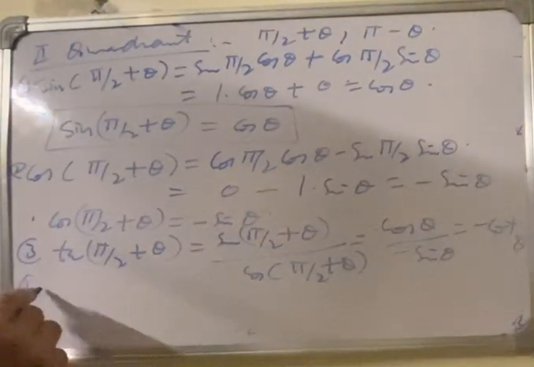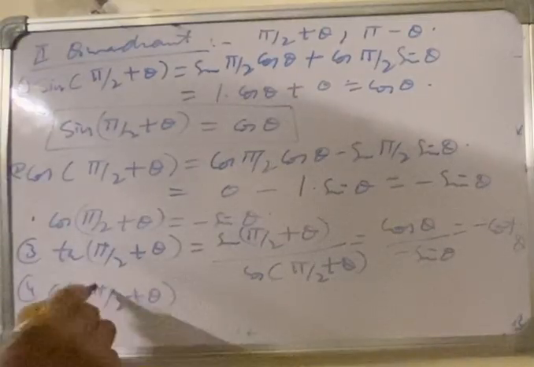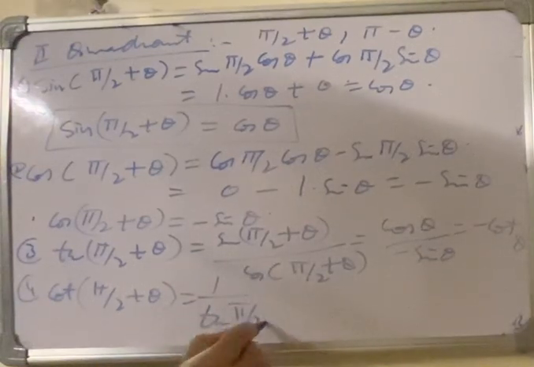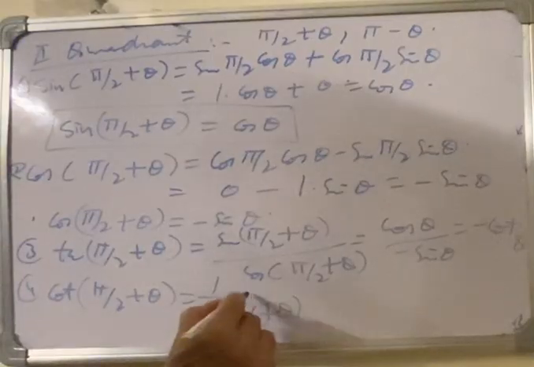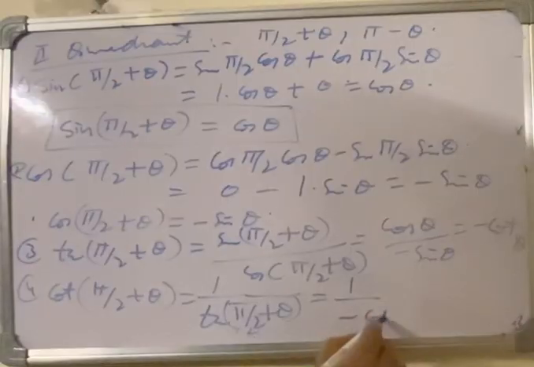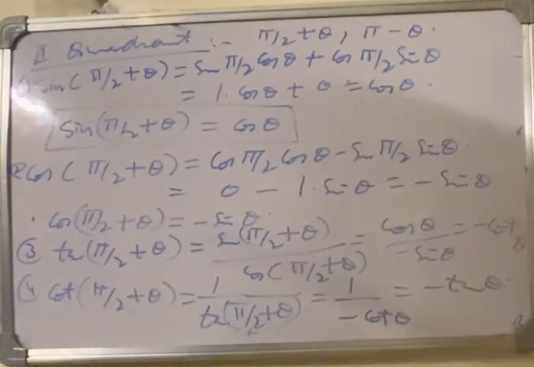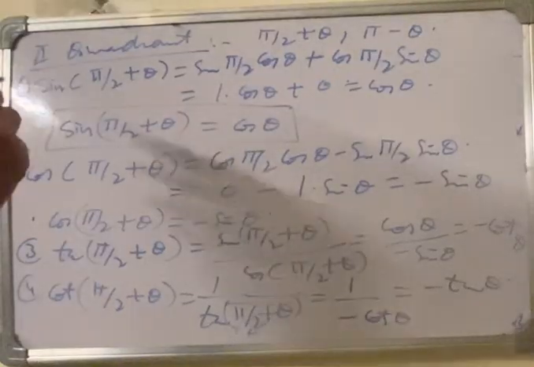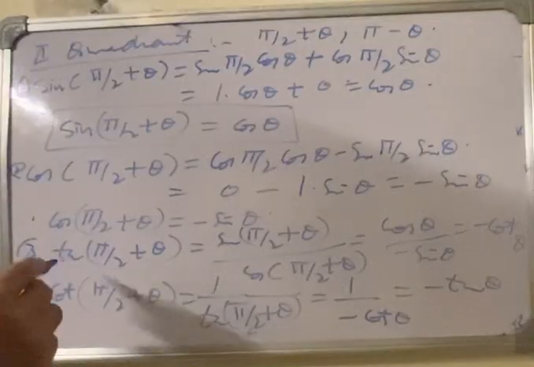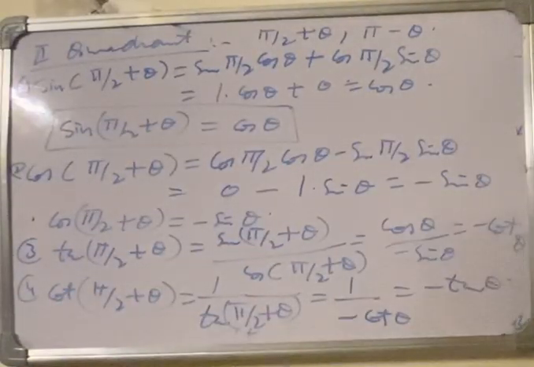Similarly, cot of pi by 2 plus theta is 1 over tan of pi by 2 plus theta, which is 1 over minus cot theta, which is equal to minus tan theta. Now here you can see sine is positive, cos is negative, tan is negative, cot is also negative.